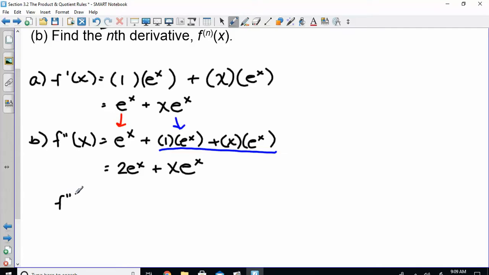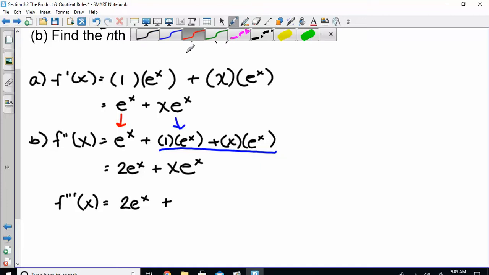Want to do the third derivative, see if we can find the pattern? I'm asking you to find the pattern for the nth derivative. Let's see if that works. So what's the derivative of 2 e to the x? Just still 2 e to the x. Coefficient just comes along, and the derivative of e to the x is still the same.